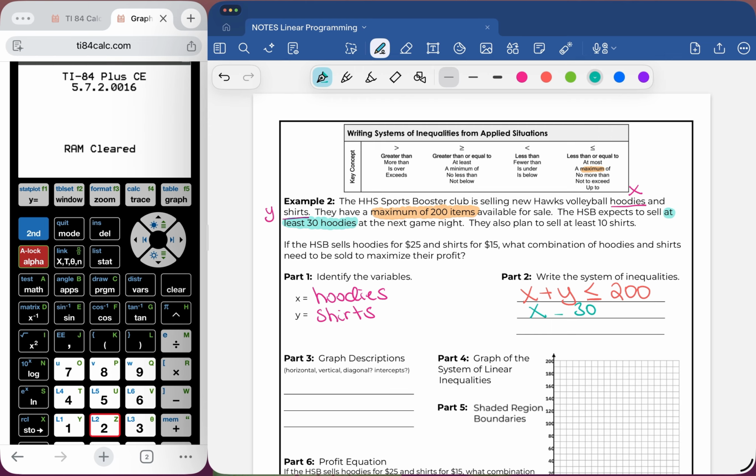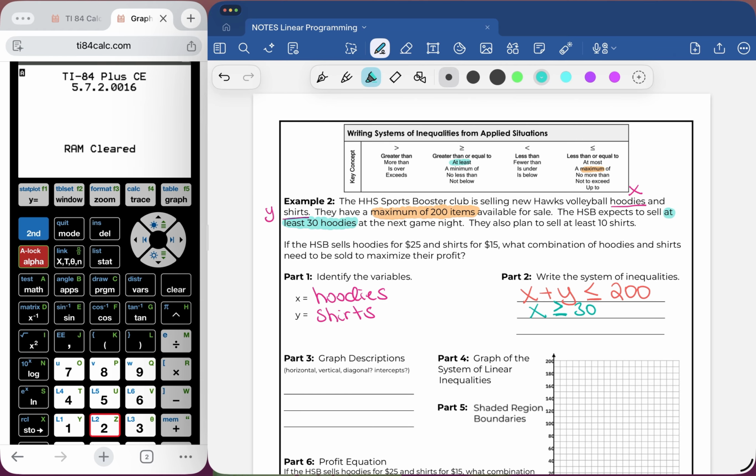The word at means we're going to underline. And if 30 is the least I can sell, then I need to sell more than that. So I want a greater than. And again, you can see that in your list for your refreshers on those word phrases. Now, you will have to reason through this yourself when the time comes for independent work. But for now, we'll use that as our reference.